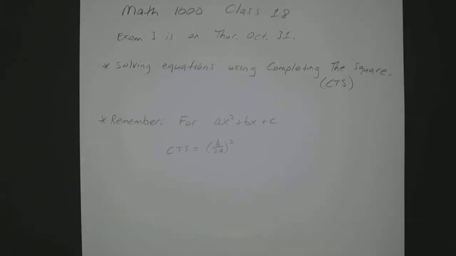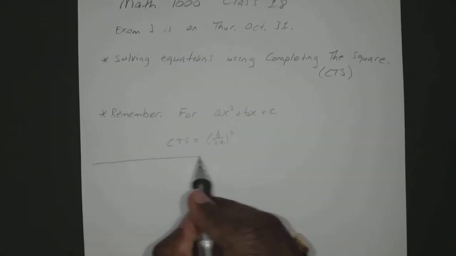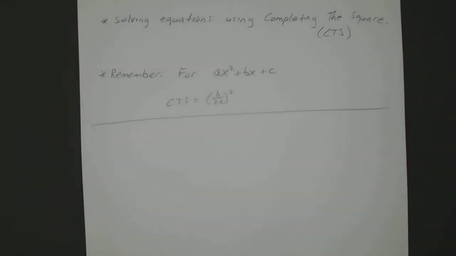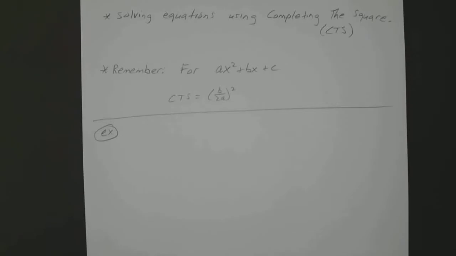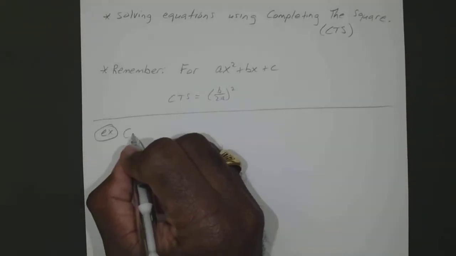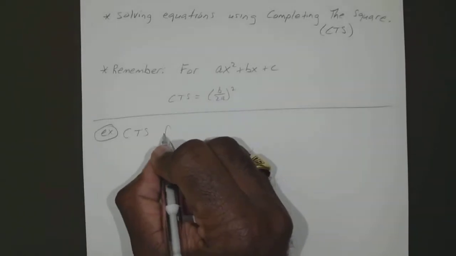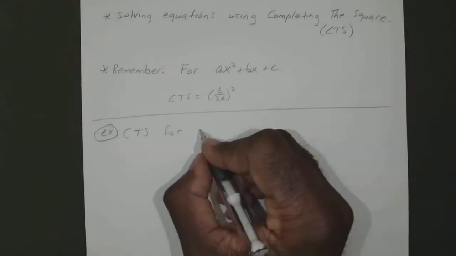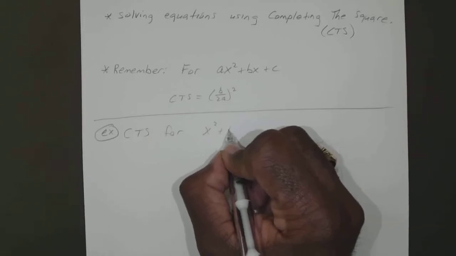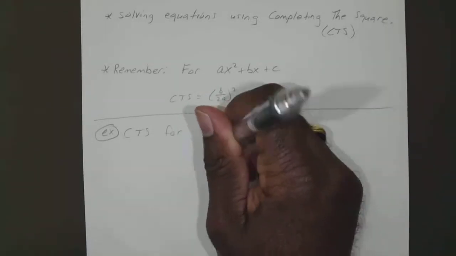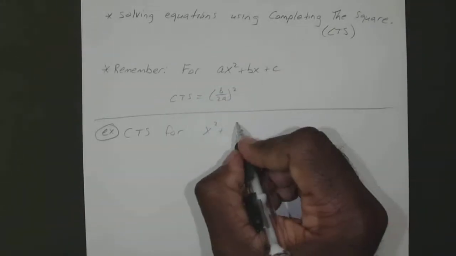All right, so let's say, for example, if you wanted to complete the square for, let's say, x squared plus 12x.